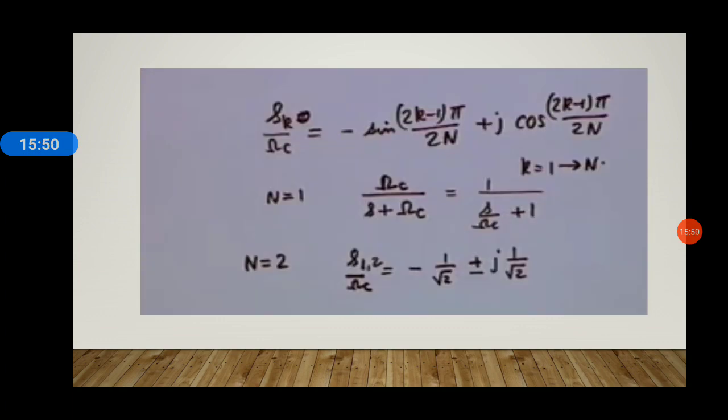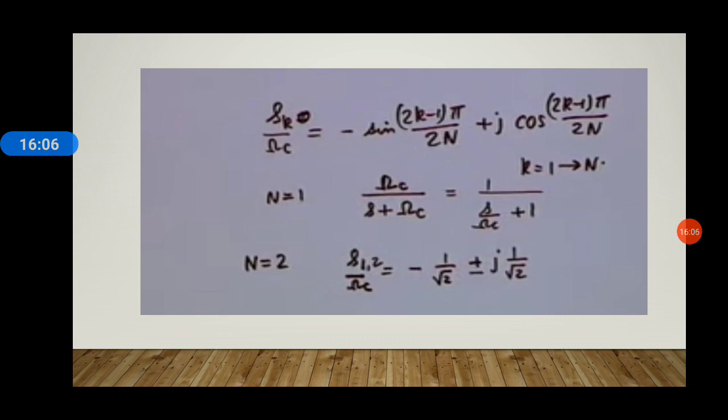Now if we consider the positive poles, then s k by omega c would be this. Now when n is equal to 1, then we can write the pole as 1 by s by omega c plus 1.